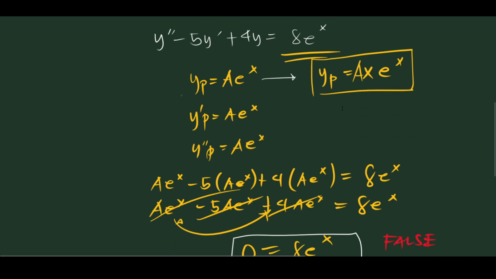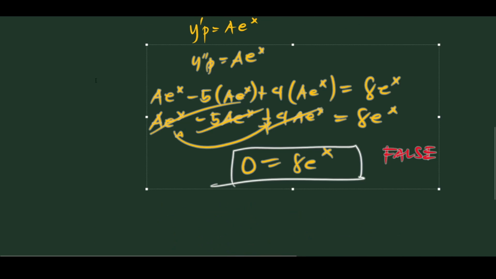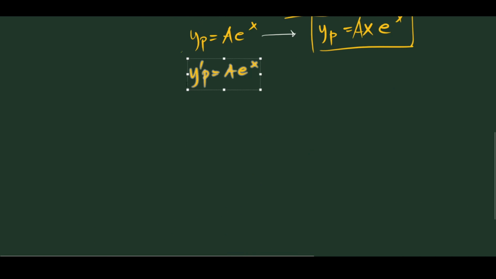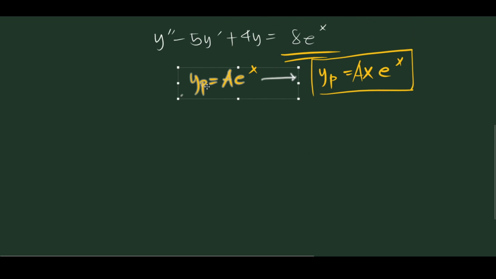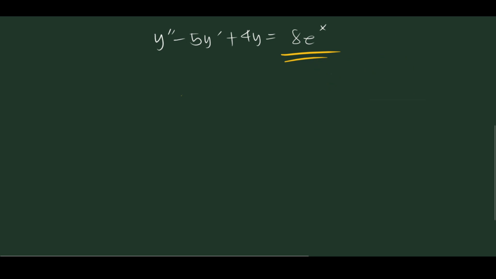Okay, let's try this. Let's make this now our new guess. So our new guess right now is yp is equal to a x e raised to x. Okay, so let's take the first derivative of this.